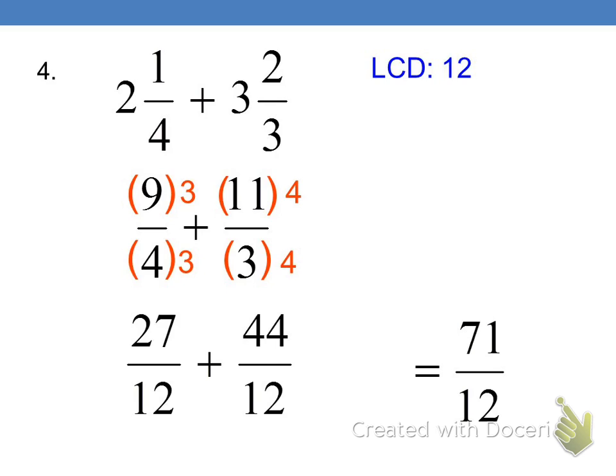I saw a lot of people get to this point, the 9/4 and the 11/3, and then they paused. And they just sort of looked around, okay? If you're to the point where you're pausing and looking around and wondering when the answer's going to fall into your lap, that's where you go back in your notes and read through those steps, okay?